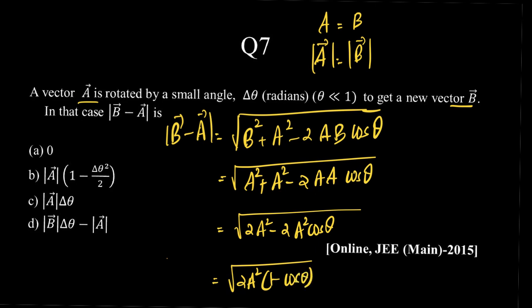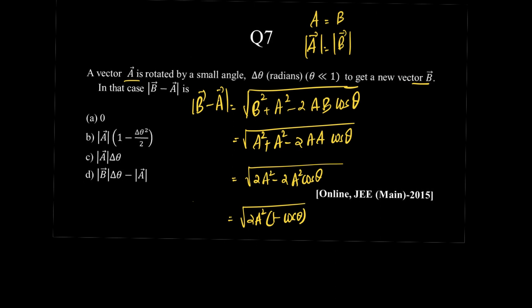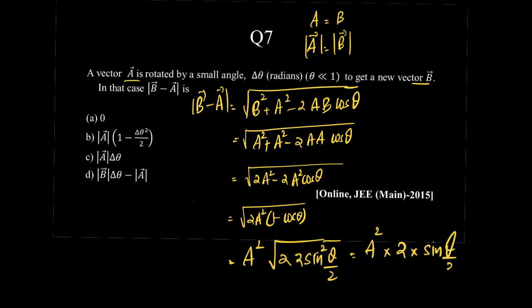What is 1 minus cos theta? 1 minus cos theta is 2 sine square theta by 2. So this becomes root of 2 into 2, which is 4. Root of 4 is 2, into sine theta by 2.